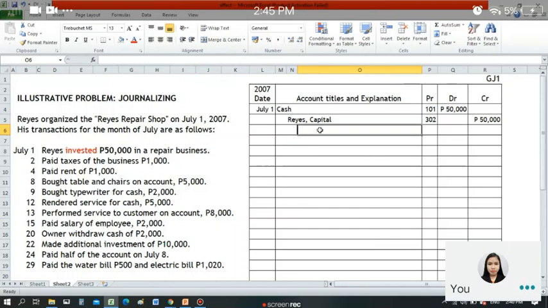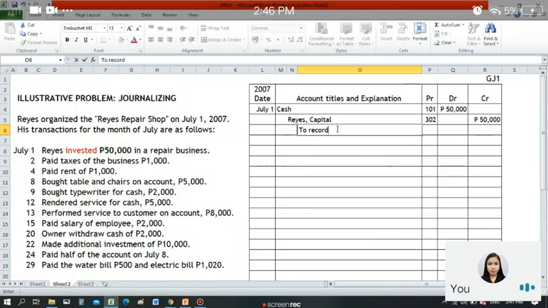Sabi ko sa inyo, since we're preparing the general journal, it is the book of original entry, the first entry of recording of the transaction. So this must be started as "to record." So sa explanation nyo, pwedeng dito rin kayo mag-base sa transaction.